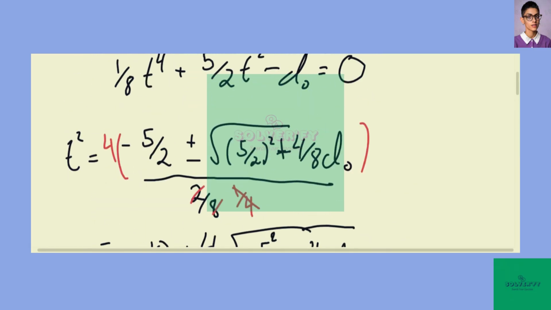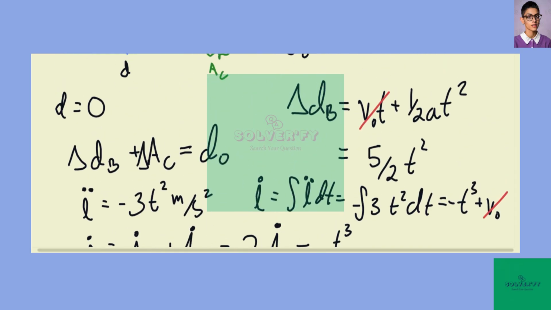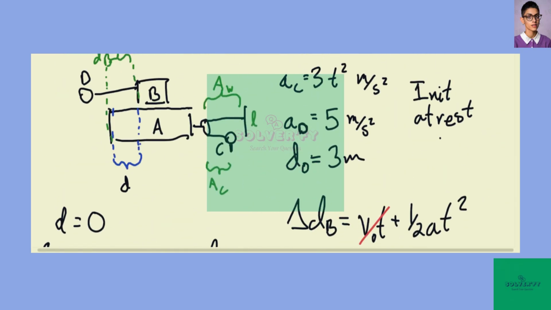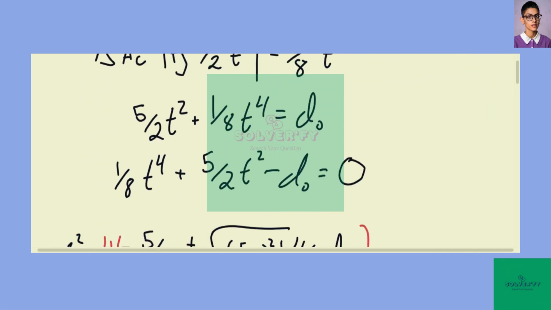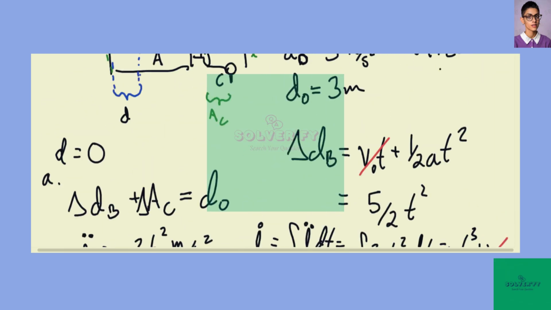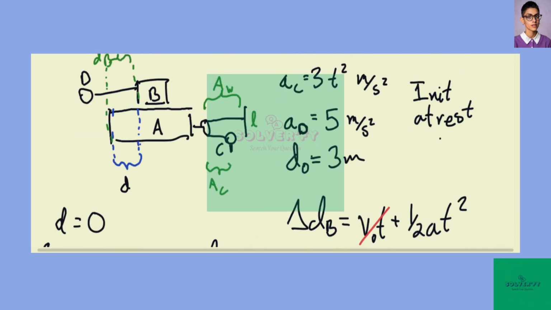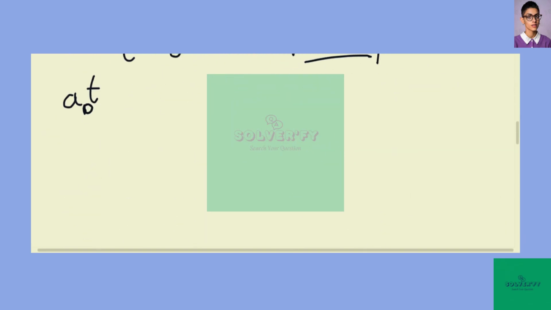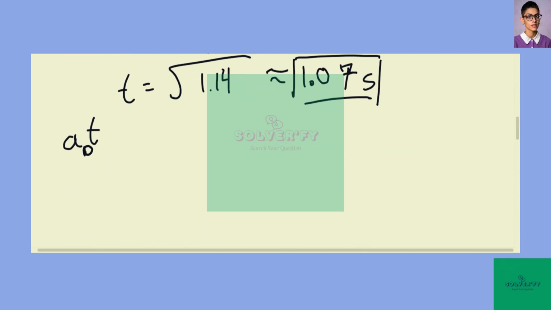Now, that was the first part of this problem. The second part asks us to find what are the velocities of the blocks at this time. These are pretty easy for the blocks now, since we had to find the velocities in order to get the equations for the change in the distances, and we can just plug in time. For block B, this is just going to be a dt, since the block B is connected to D here.